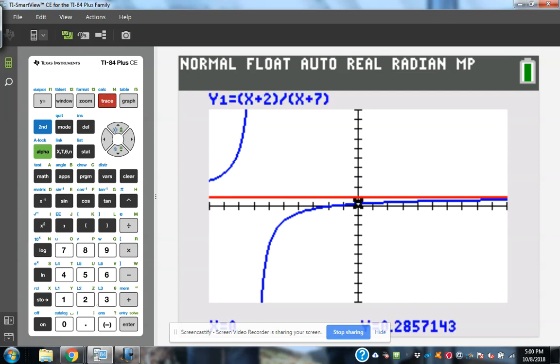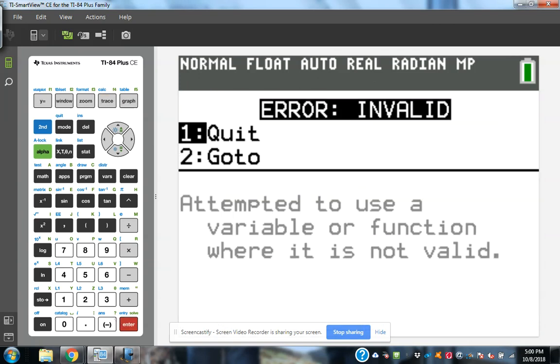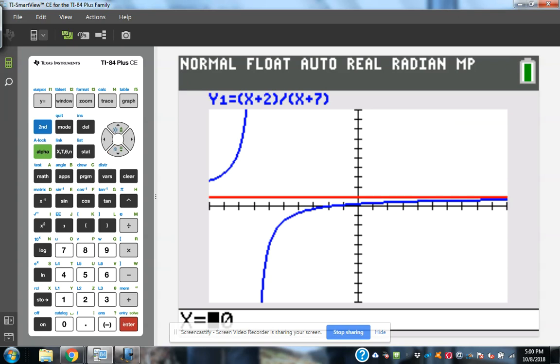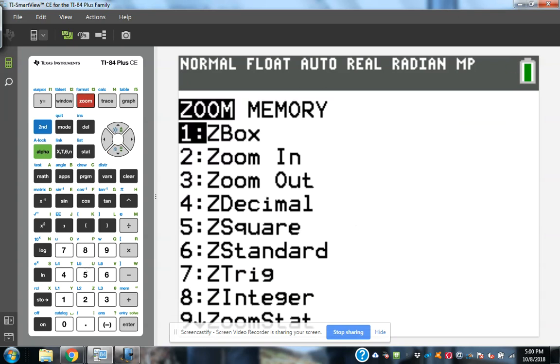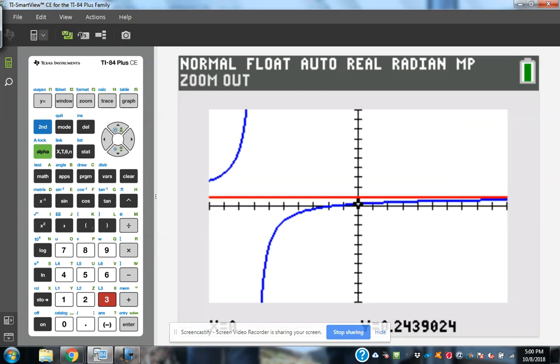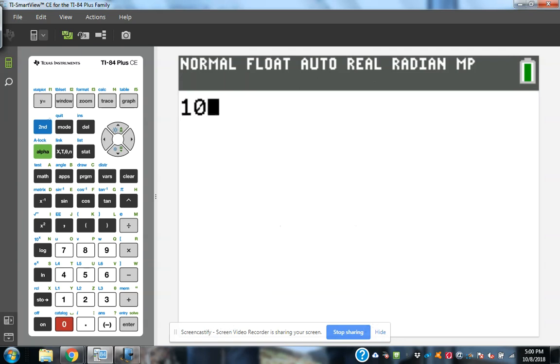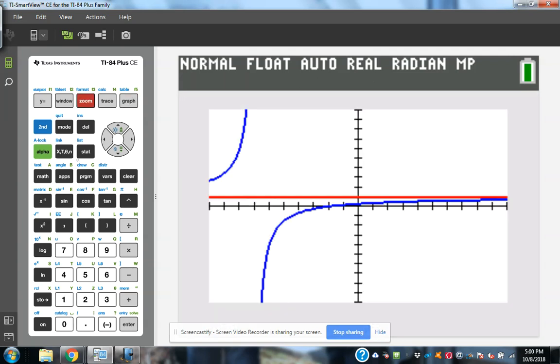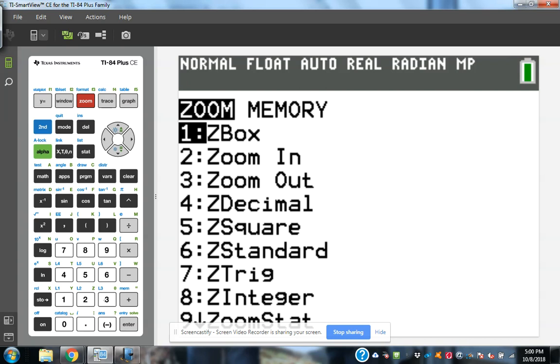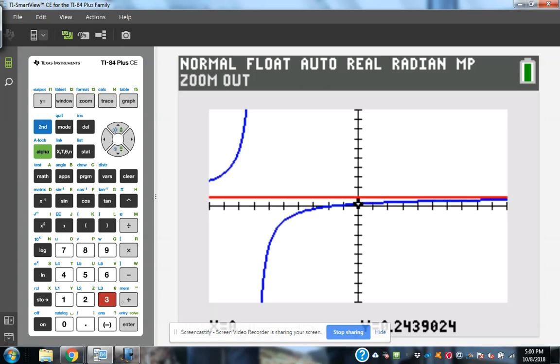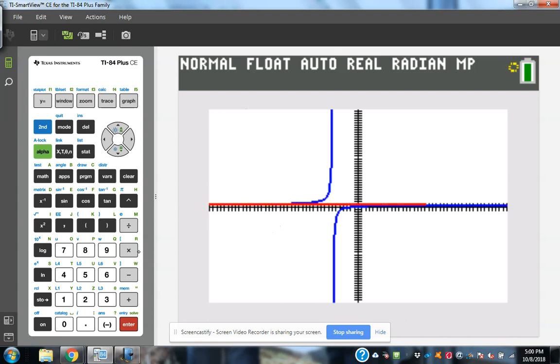If I hit trace and typed in something like 30, it won't fit on the screen. I have to zoom out. So let's zoom out. Number 3. Notice it's hard to tell, the screen colors sync still.